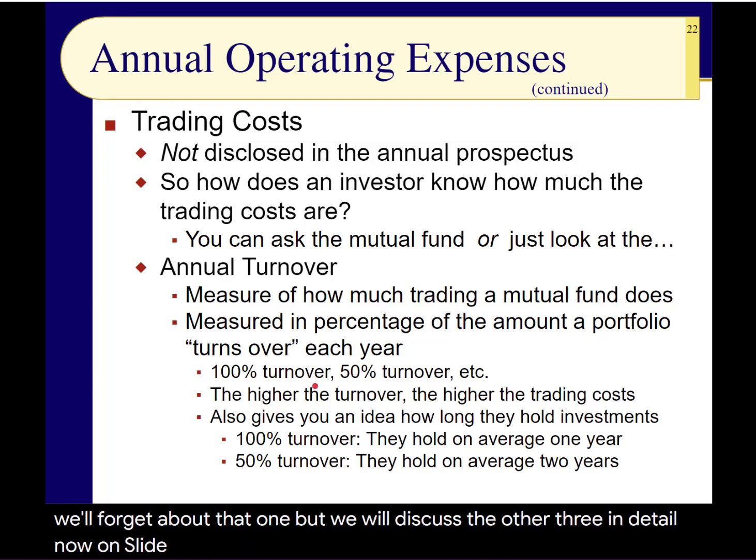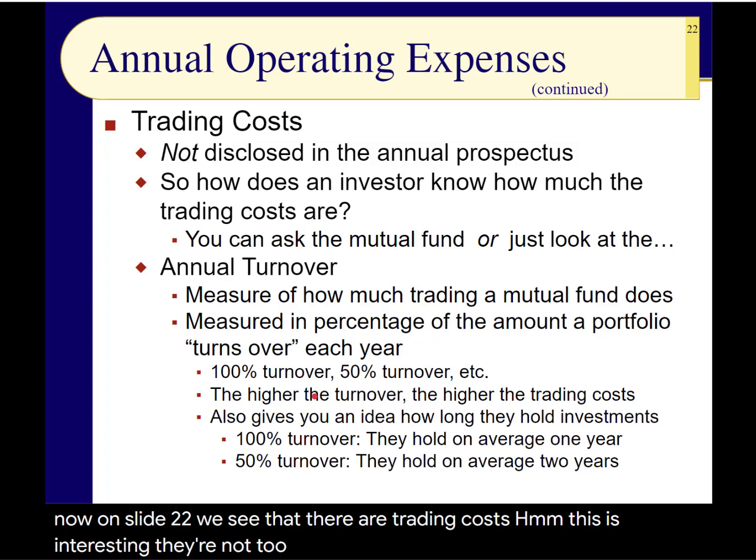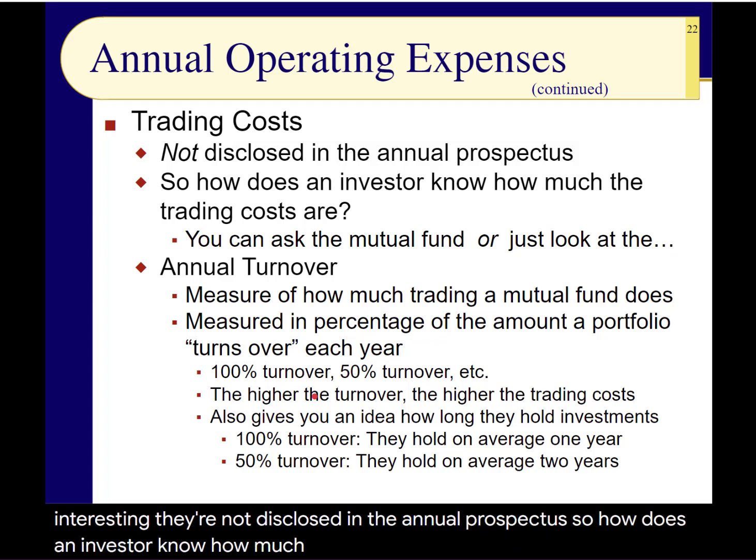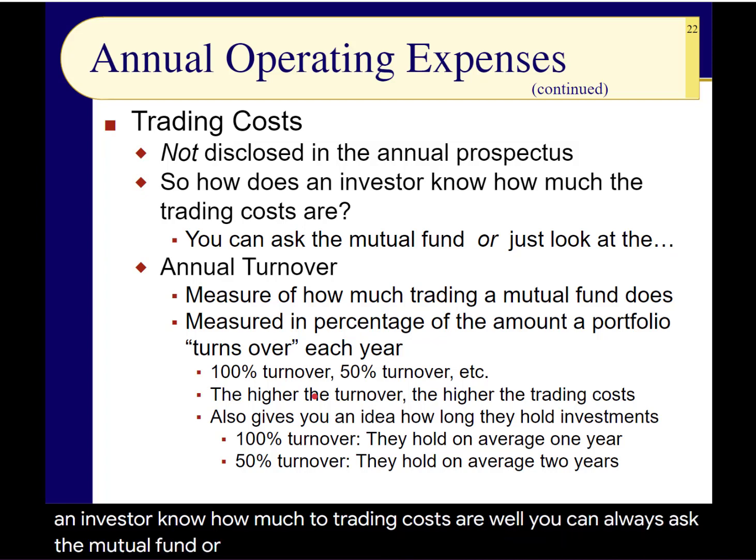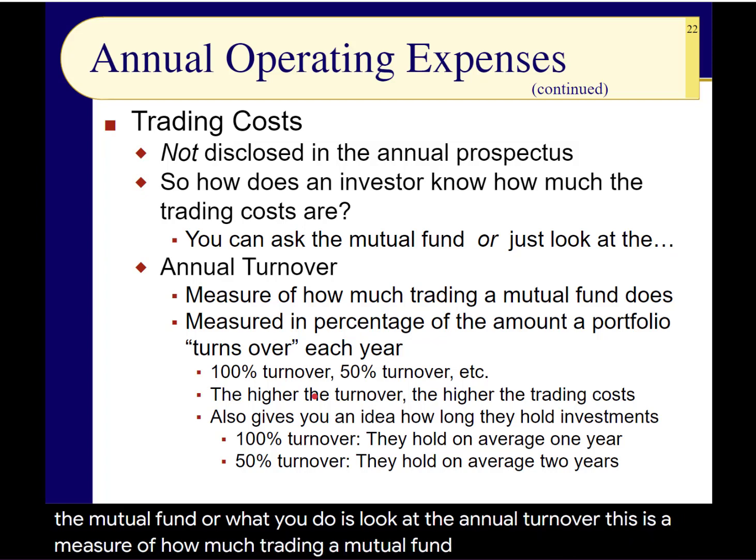Now, on slide 22, we see that there are trading costs. This is interesting. They're not disclosed in the annual prospectus. So how does an investor know how much the trading costs are? Well, you can always ask the mutual fund. Or what you do is look at the annual turnover. This is a measure of how much trading a mutual fund does.